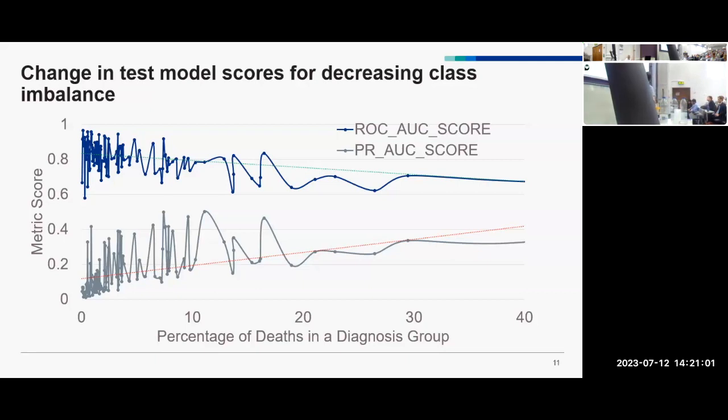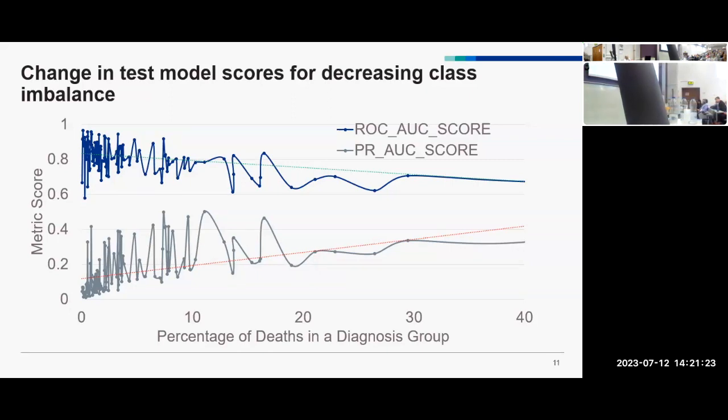When I changed to the precision recall area under the curve score, you can see that as the percentage of death goes down, creating a larger class imbalance, the score actually reduces. This was because many of the original SHINI models were pretty much just not predicting deaths and just predicting living.